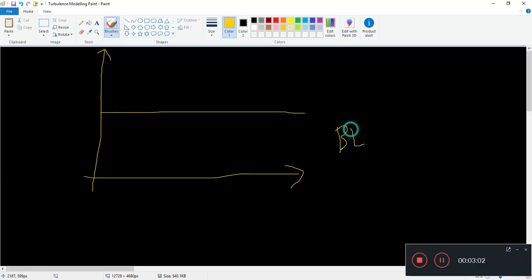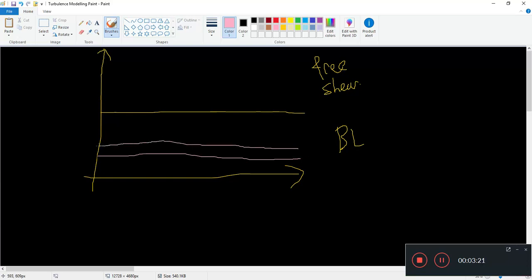We have our boundary layer, and then we have the free shear zone. You should be quite familiar with this now. The boundary layer you can cut up into 2 or 3 regions. If you want to be really precise, you can do up to 5 regions even. But you basically have the viscous sublayer, some buffer zone, and a log law region.